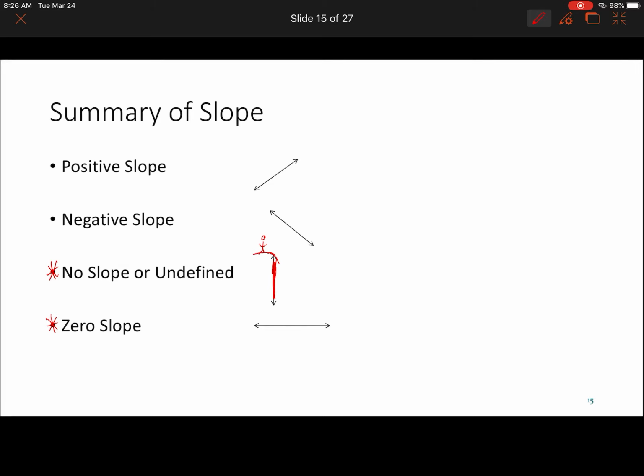Because if you were snow skiing, I'll draw a little stick person here. If you go to ski off of this, you just jumped off a cliff. You're going to die. You crash and burn, right? The reason that you would die there is because there is no slope. There's nothing to ski on.